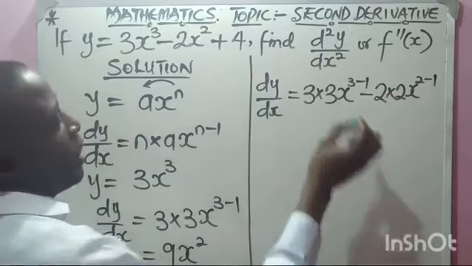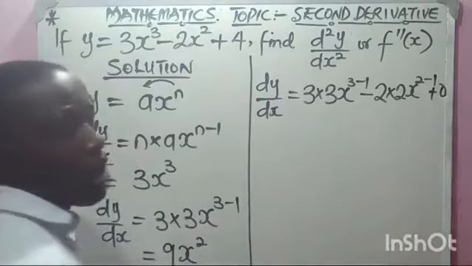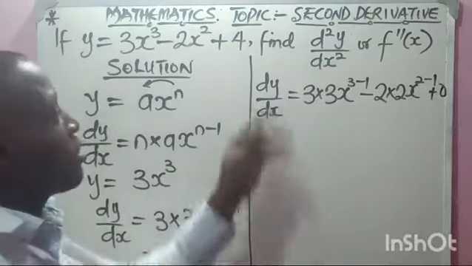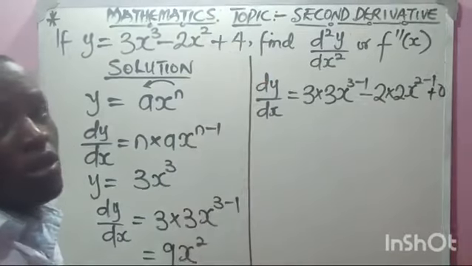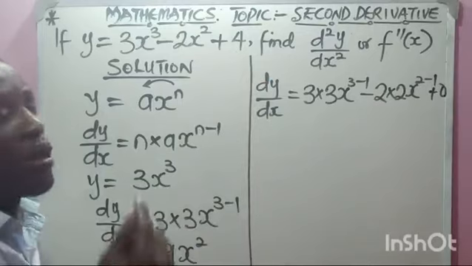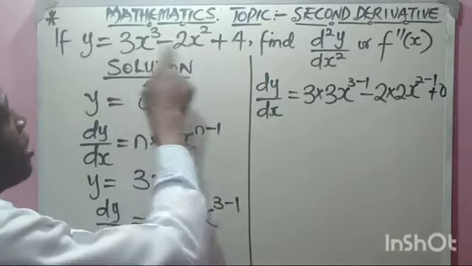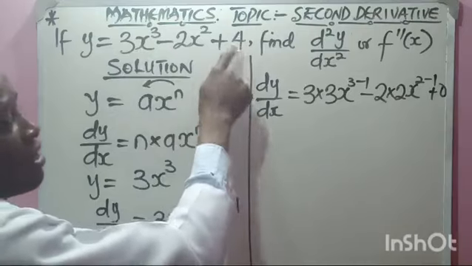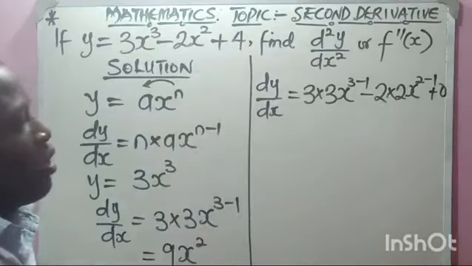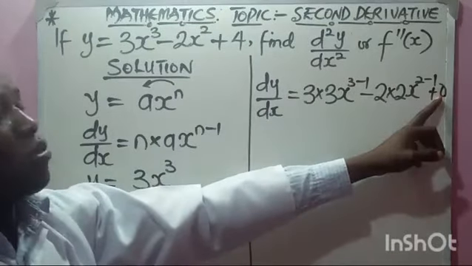And if you differentiate a constant, you are going to get what? 0. What is a constant? A constant is a term that does not carry a variable. This one carries x, this one carries x, but this is the only one that does not carry x, therefore it is a constant. So when you differentiate a constant, it gives you what?